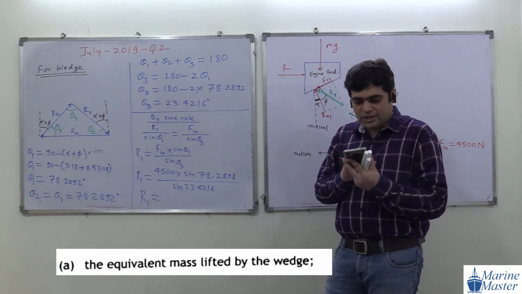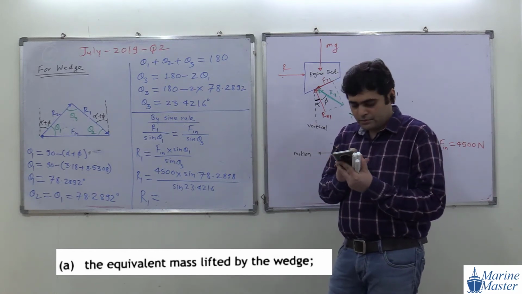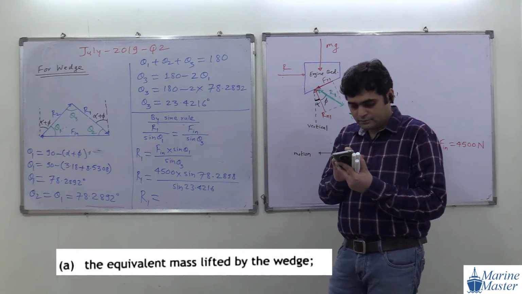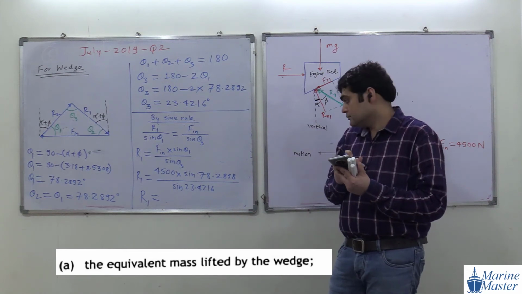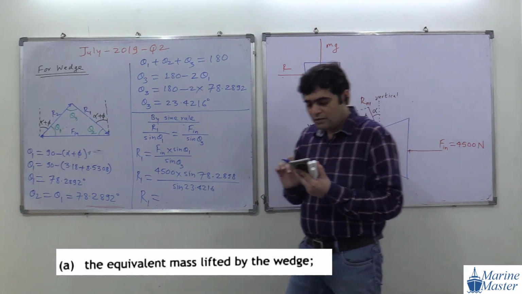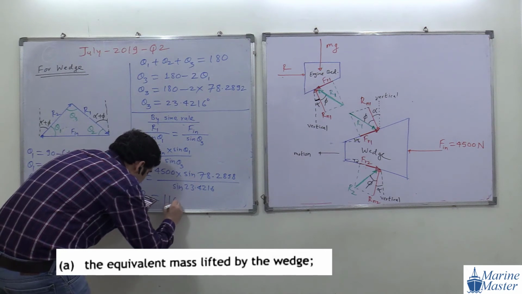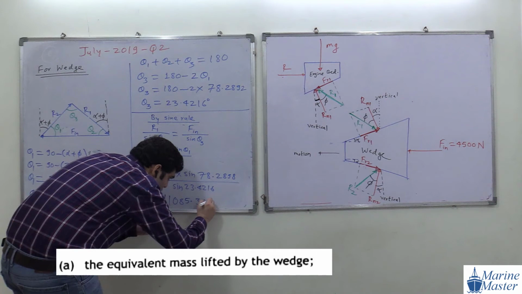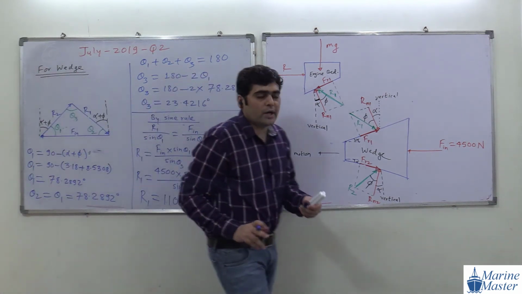Please try to do the calculation properly, and always try to do the calculation with me. R1 is 11085.304, unit is Newton.